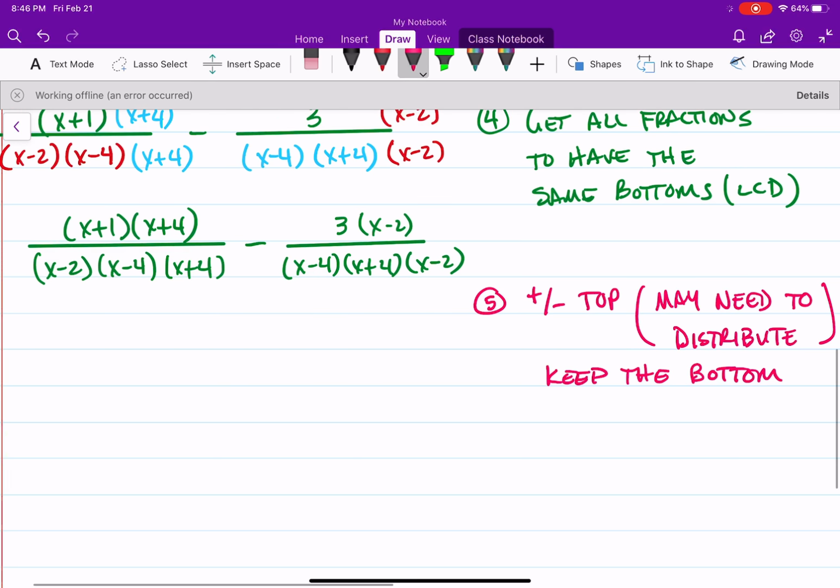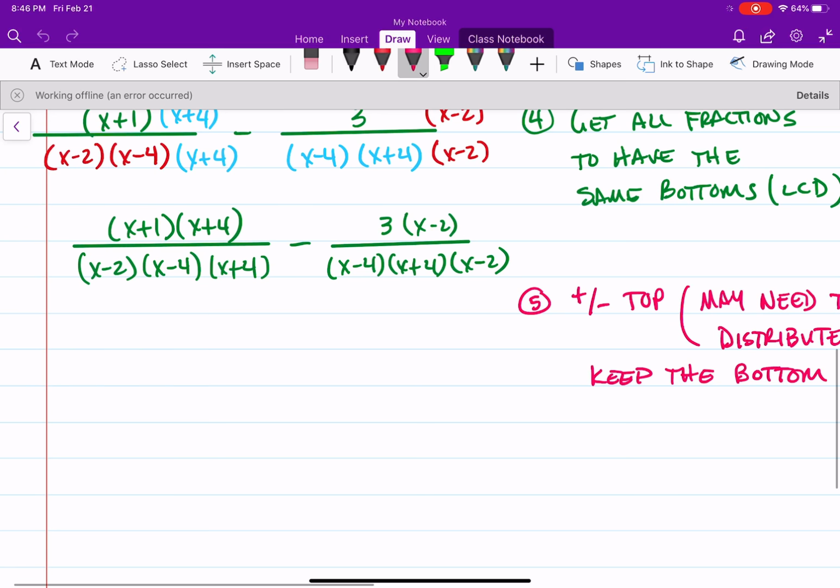So if you look over here, you'll see that. So with step 5, I'm going to have to FOIL here and distribute here. And I'm not just distributing the 3, I'm distributing a negative 3. I'm going to show you guys that right now. So add and subtract the top. I'm going to do it in 2 steps just so you guys can see what's going on.